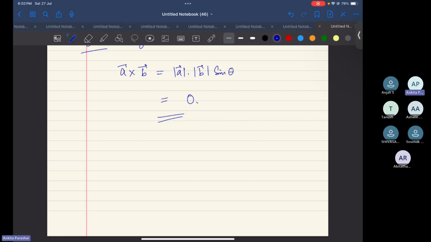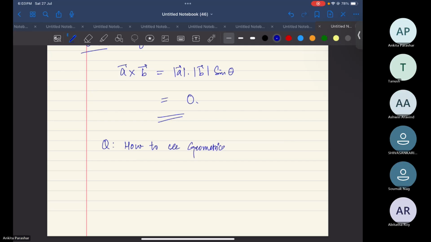Okay, right now I also don't know how to say it. Maybe I will come to your answer in the next tutorial, so please come to the next tutorial. I will for sure answer your question. I'll just write that: how to see geometrically A cross B as well as A dot B. I will show both. Okay.